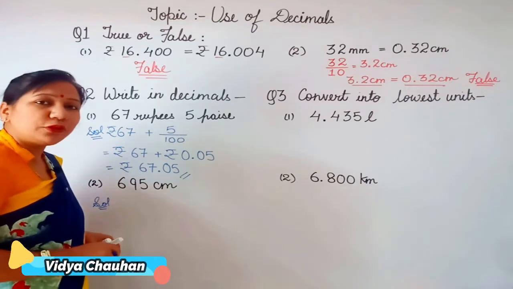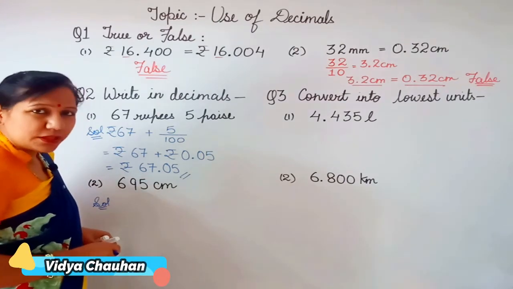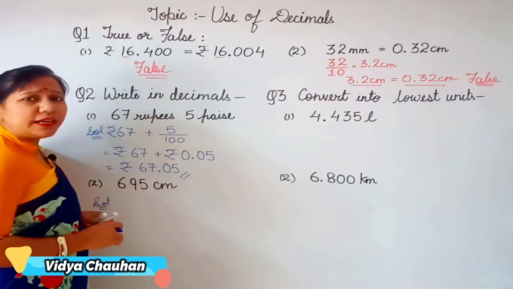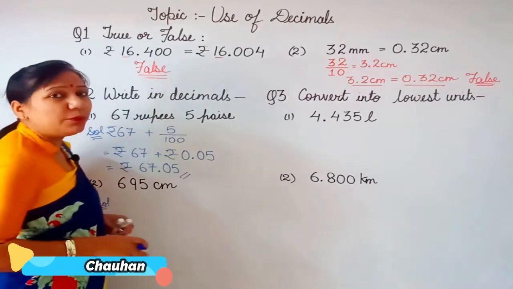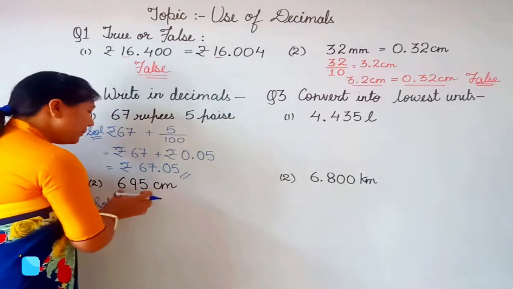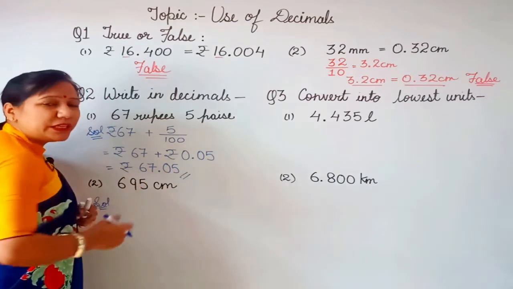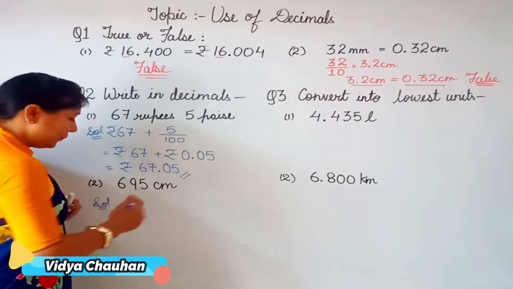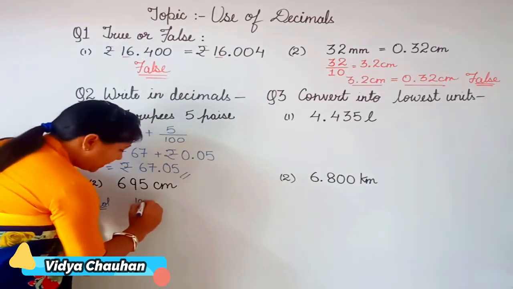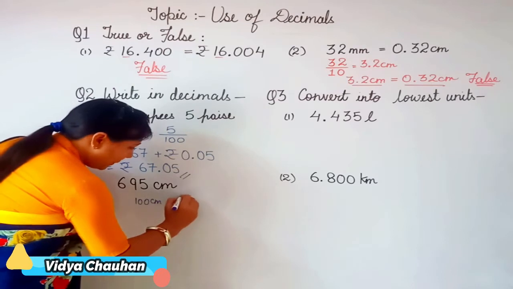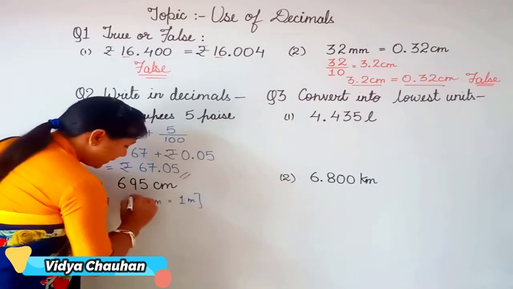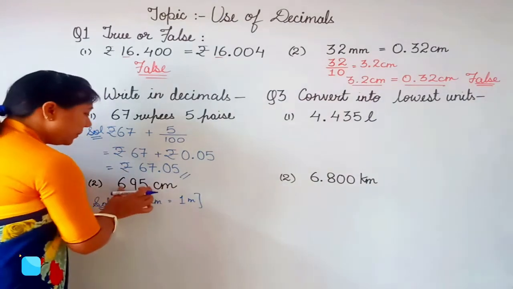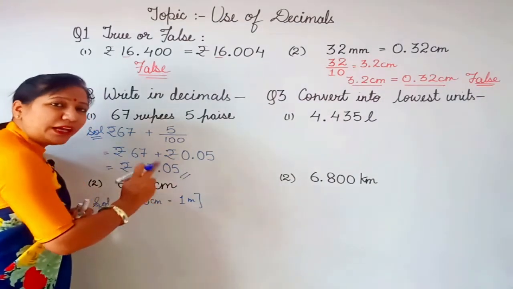Clear, students? Coming to the second part, it is given 695 centimeter, and you have to convert this into decimals. What is the bigger unit than centimeter? Meters. So we convert centimeters to meters, and automatically our value will become a decimal. Since 100 centimeters make 1 meter, we divide the centimeter value by 100.